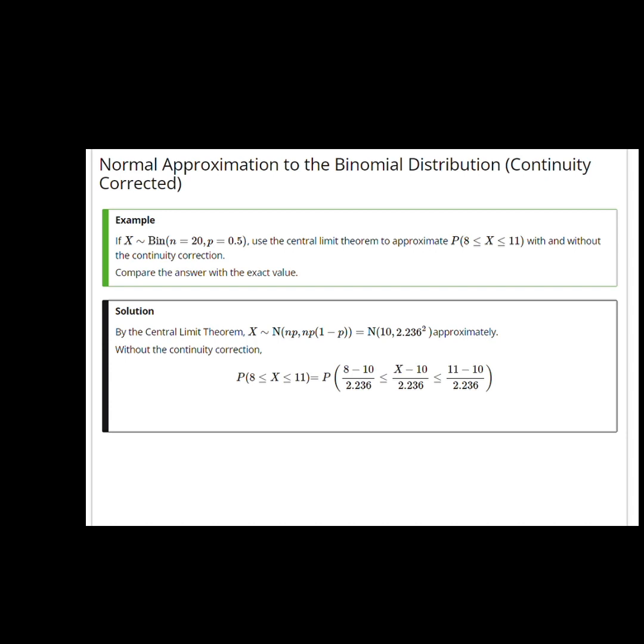We then standardize: we subtract 10 and divide by 2.236, the standard deviation, on all three sides of this inequality, ending up with a probability that Z is between minus 0.894 and 0.447, where Z is standard normal. Going to a standard normal table, looking for the values 0.447 and 0.894, we determine this probability as 0.4869.